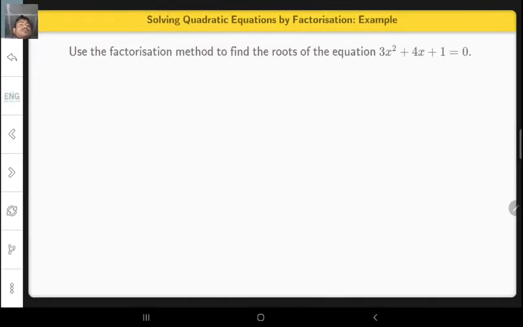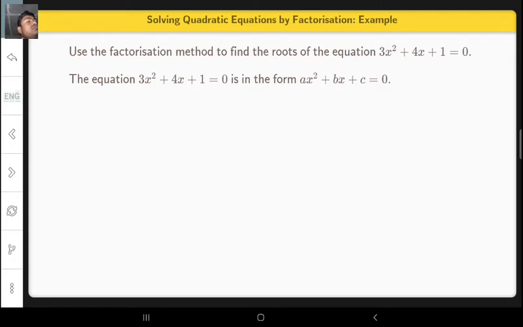Use the factorization method to find the roots of the equation 3x squared plus 4x plus 1 is equal to 0. The equation 3x squared plus 4x plus 1 is equal to 0 is in the form ax squared plus bx plus c is equal to 0.